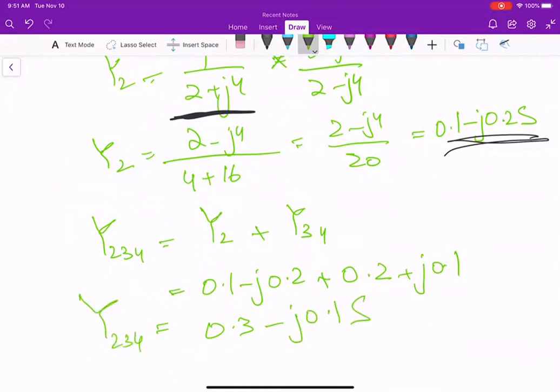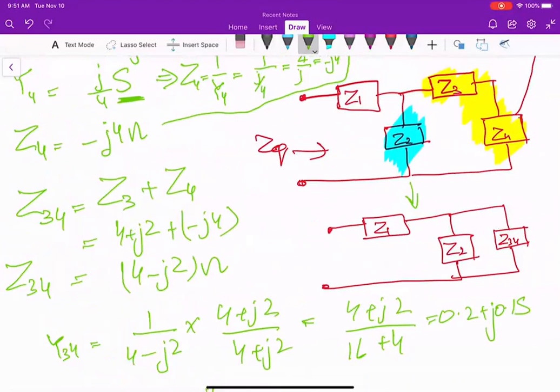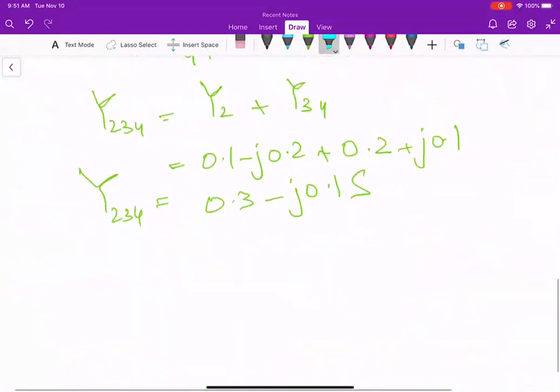Let me confirm. Okay, now I have Y234, but what should I do? I combine these two, but the next Z1 is in series. So that's why I will convert it back to impedance.